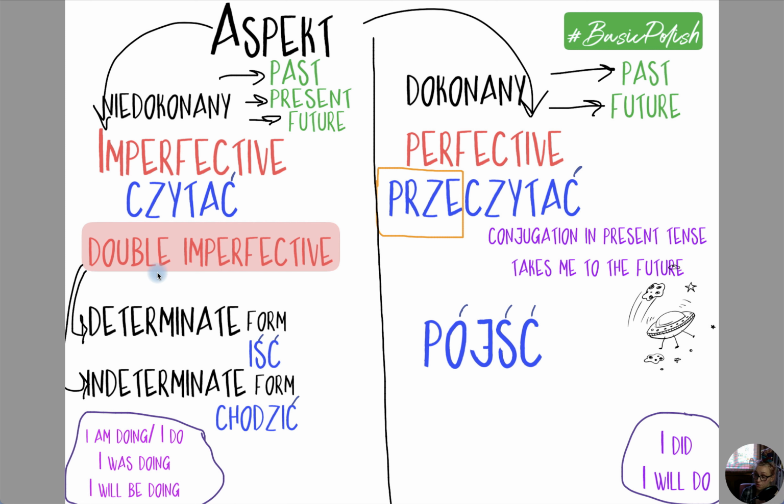Some verbs don't have it. We say that 99.9, so a little percent of Polish verbs won't have perfective partners. So you may ask, how do we then say that we did something or will do something?